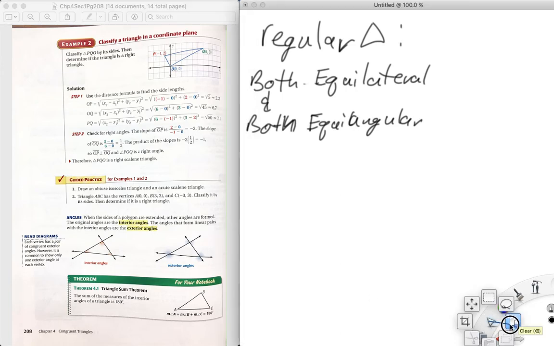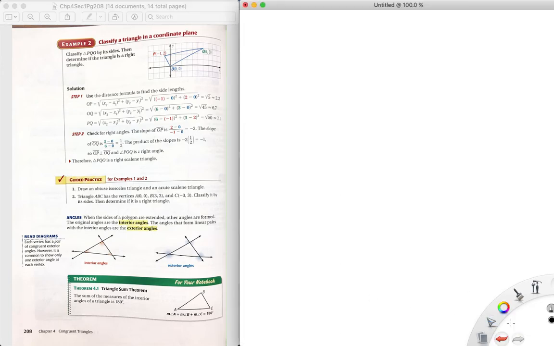You can classify what type of triangle it is by its distances on a coordinate plane, and you do that by using the distance formula. So you would get ordered pairs, and then you would get the distance between those ordered pairs, and based off of that you can determine what type of triangle it is.